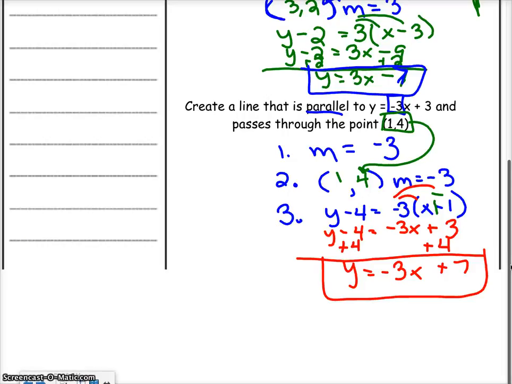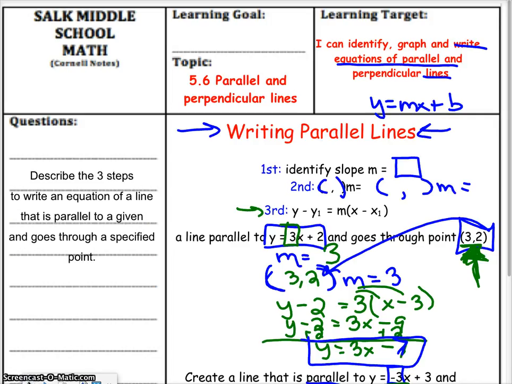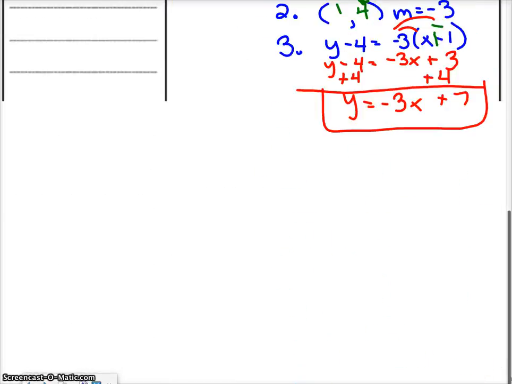Okay. So I didn't even give you any major ones. I mean, sometimes you have to get the other equation by itself prior to making the equation. You don't have to write this down, but I do want to make it in notes in case somebody wanted to watch a small video.